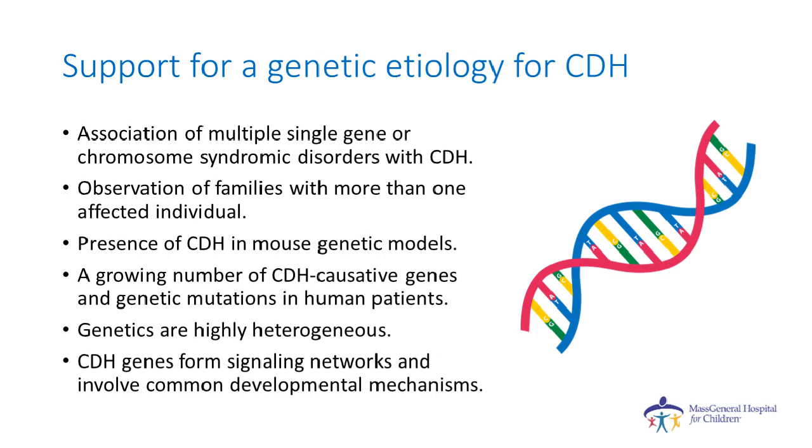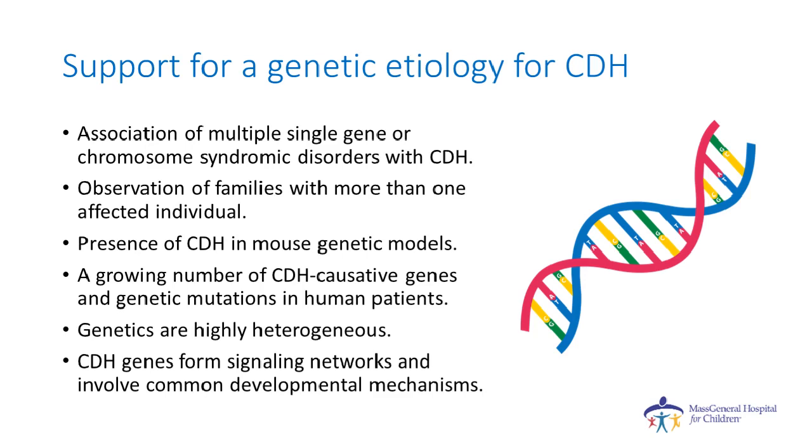So there is actually significant evidence to support a genetic etiology for CDH. There is an association of multiple single gene or chromosome syndromic disorders with CDH. We also observe families with more than one affected individual, and there's a presence of CDH in multiple mouse genetic models.